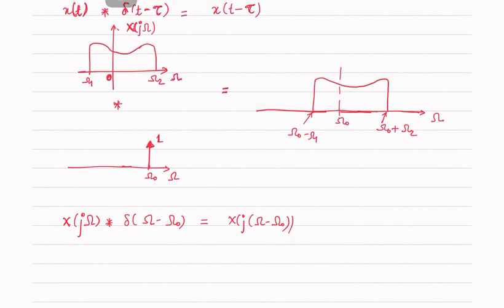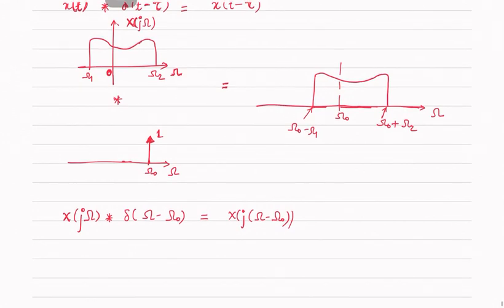What I'm trying to tell you is that it doesn't matter what the argument is. Whether it's a function of time, a function of frequency, or whatever the variable is, it can be a function of, say, the distance, your x-axis, y-axis, whatever, when you convolve it with an impulse function, the origin of the function you are convolving gets shifted by the appropriate amount.